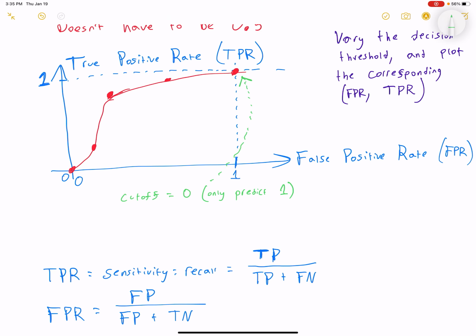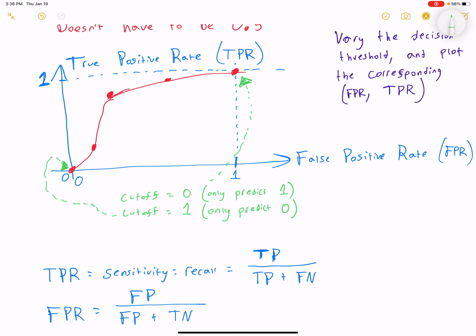The other extreme, let's say the cutoff is equal to 1, that means we only predict 0. That would correspond to this point here, because let's make clear this is an arrow.